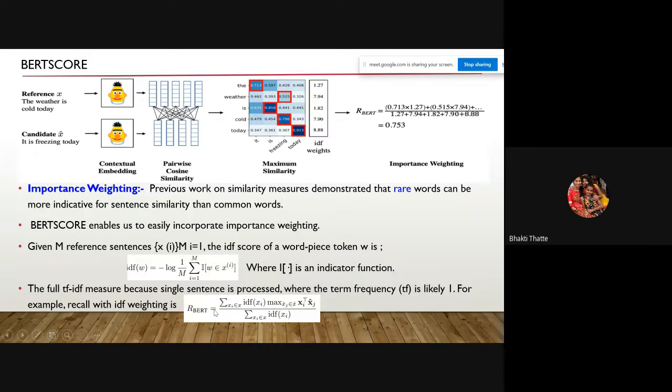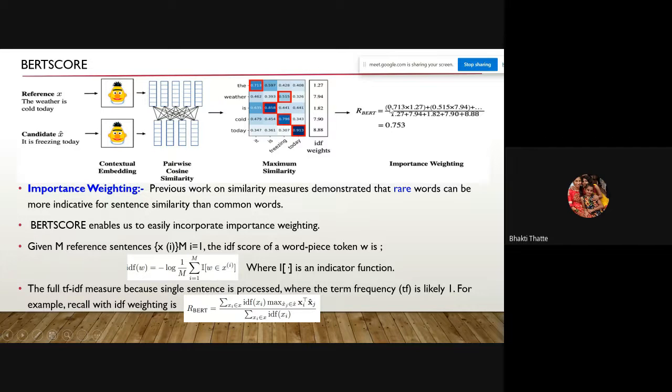RBERT, the mathematical expression is the dot product multiplied by the IDF, summed, and divided by the summation of the IDF values. This is better explained with numbers.